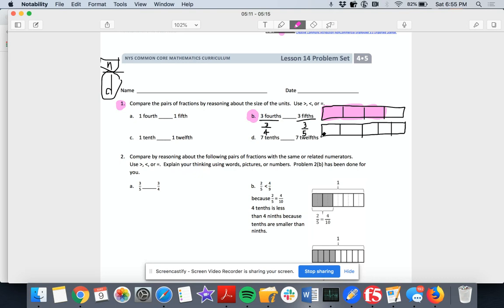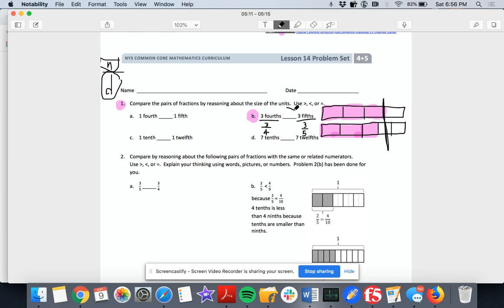Okay, and let's shade 1, 2, and 3. Ooh, it looks like if I am going to eat 3/4 of this chocolate bar, that is more pieces, a bigger quantity, than if I would eat 3/5 of it.